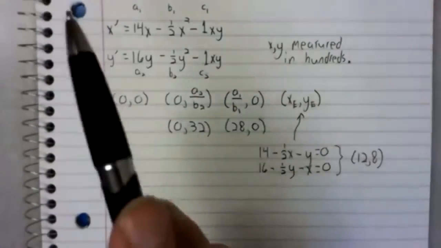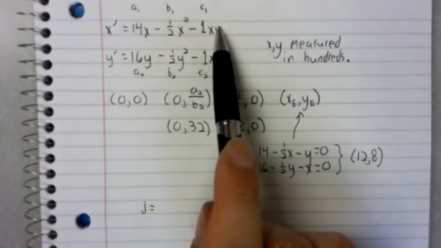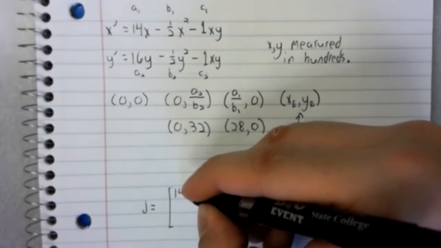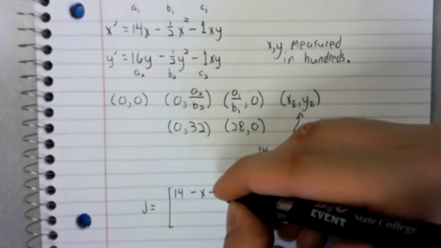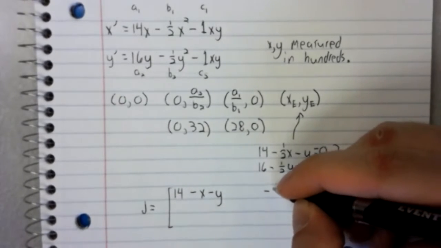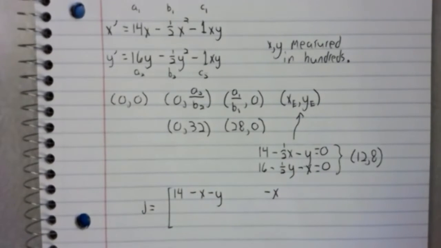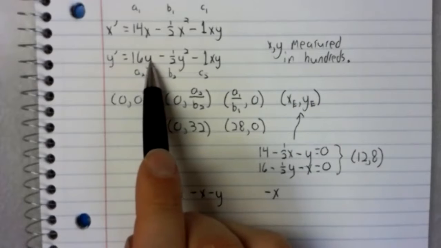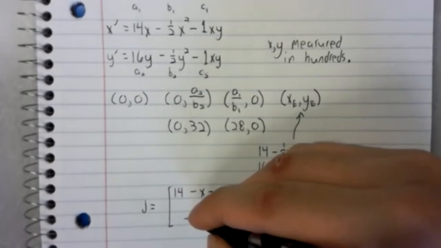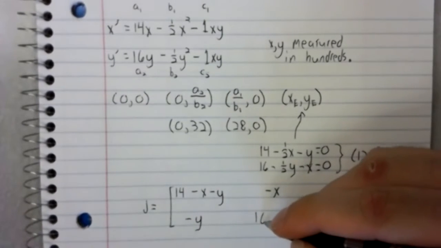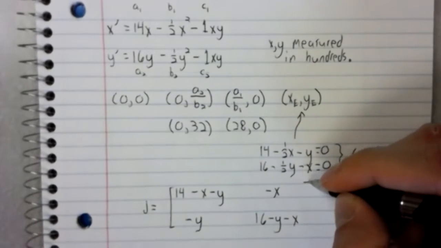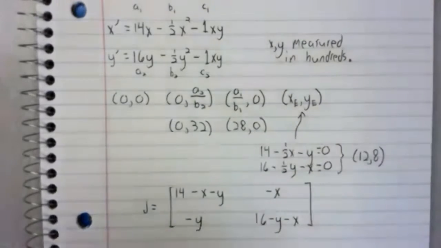We take the partial derivatives of the first equation: 14 minus x minus y, negative x, and we take the partial derivatives of the second equation: negative y, 16 minus y minus x.